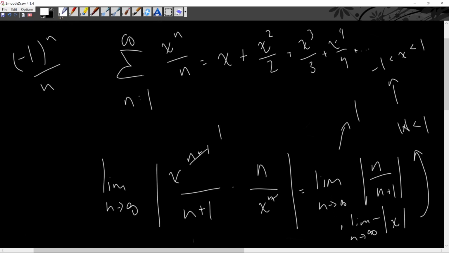As to whether or not it converges or diverges, if we ignore the alternating part and just focus on a sub n, this a sub n for this specific sequence is 1 over n. This is monotonically decreasing, right? Each term is less than the term that came before it. And there is also still an alternating part, which means that it fulfills the alternating series test.